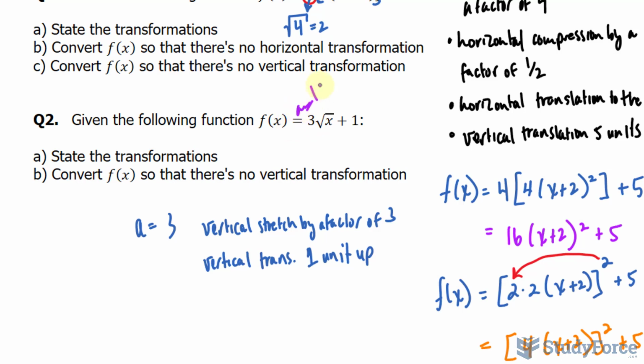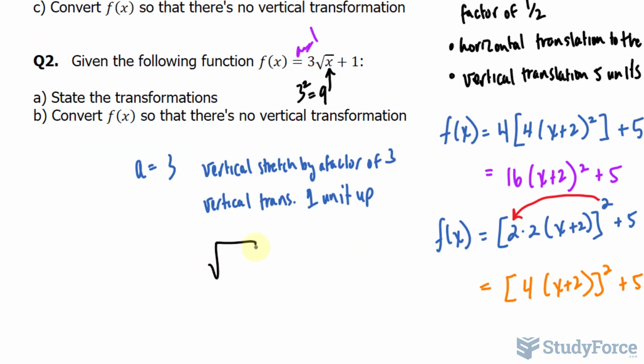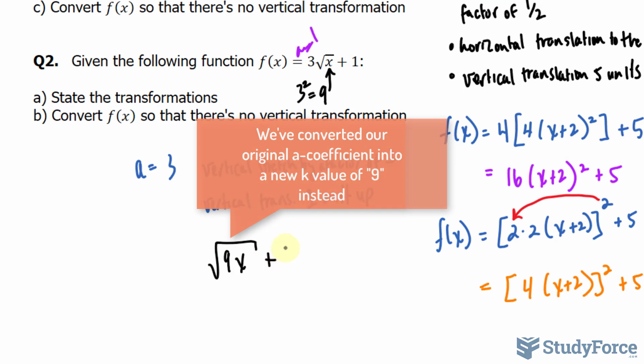Again, this requires a bit of algebra. What I can do is take this 3 and raise it to the power of 2, making it 9. Then I can inject this 9 within this radical, within that square root. So I have the square root of 9x plus 1.